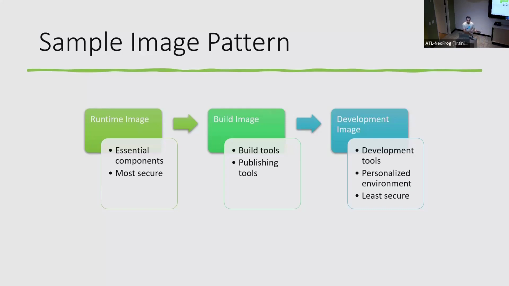So we all know we can inherit images, and Melissa showed that. From the runtime image, you create the build image. The build image may have Maven installed, or Gradle, or whatever tool you use to build that image.